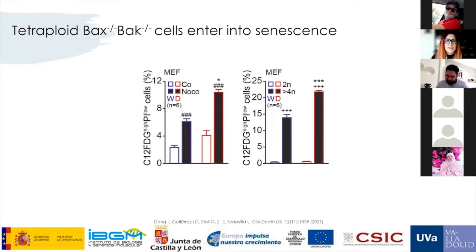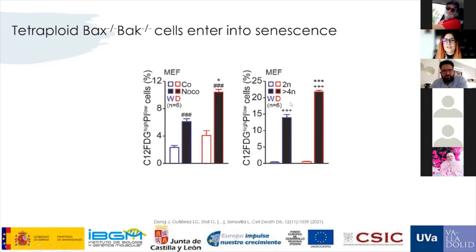Also, we carry out a similar experiment using C12FDG, that is a substrate of beta-galactosidase, by flow cytometry. We did this because in this case, we could compare the whole population, just control and NOCO, and we observed the same as in the Western blots, but also we could select what happened with the diploid and with the more than four N cells, the tetraploid ones.